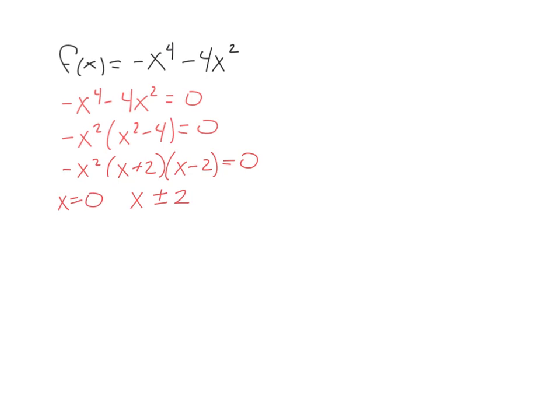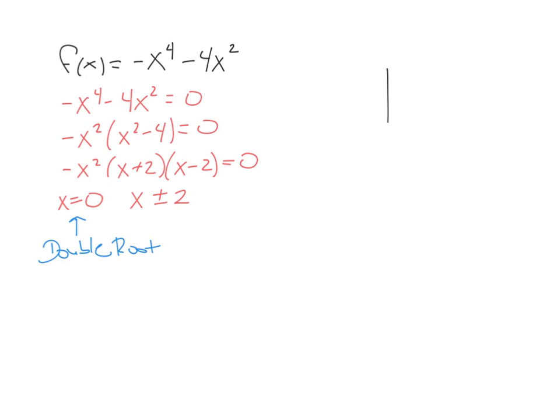Here we're going to get a 0, except this will be a double root. So 0 has a multiplicity of 2 because of this x to the second power.